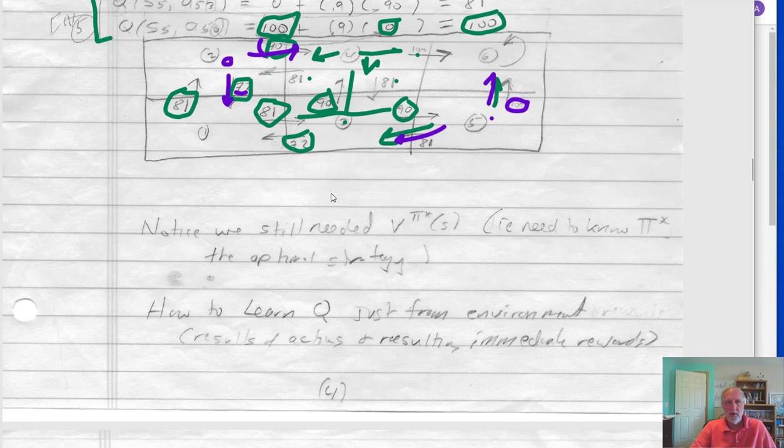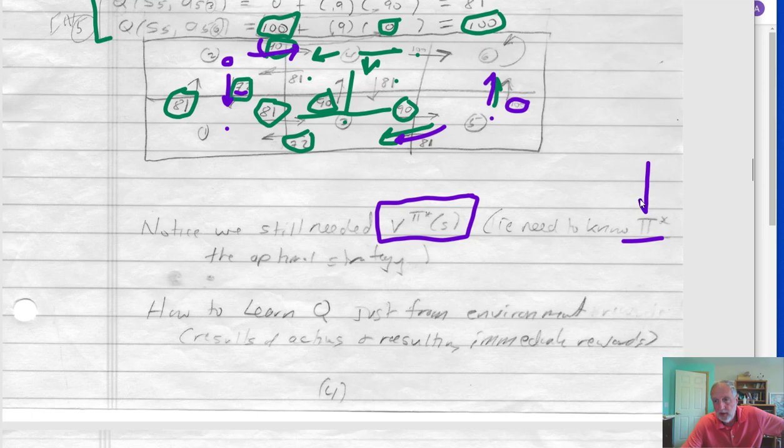So once you know the q value for each state and each action, it's real easy to say, okay, if I'm in state 1, I know exactly which way to go to get optimal. But you say, well, we needed to know the optimal policy to calculate those q values. Yeah, we did.